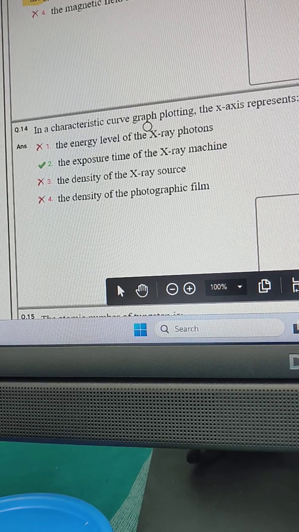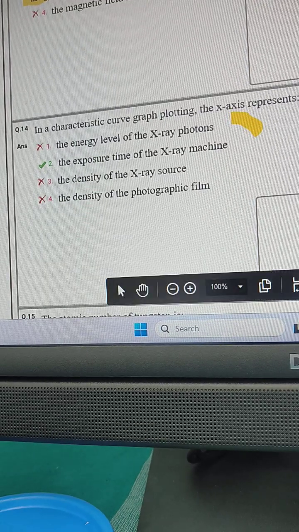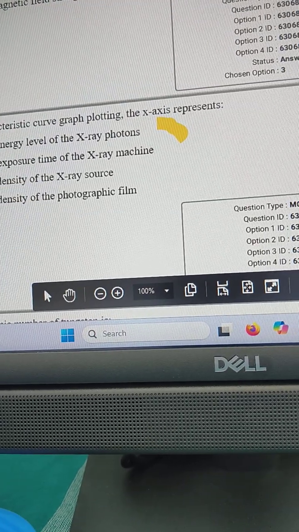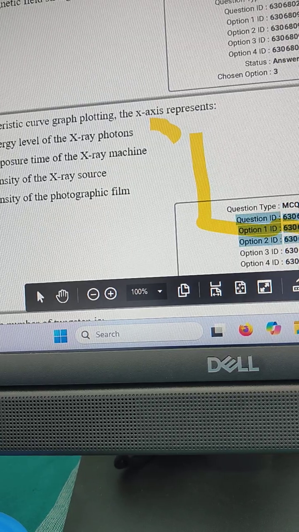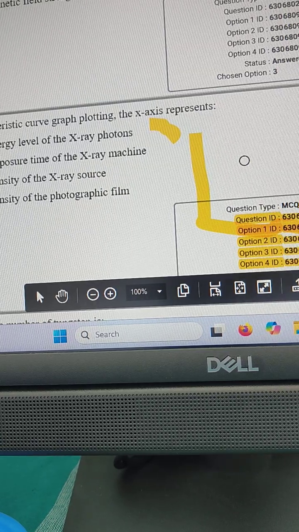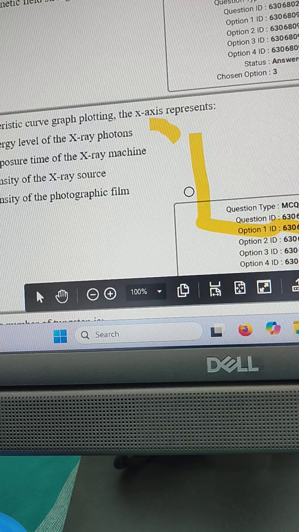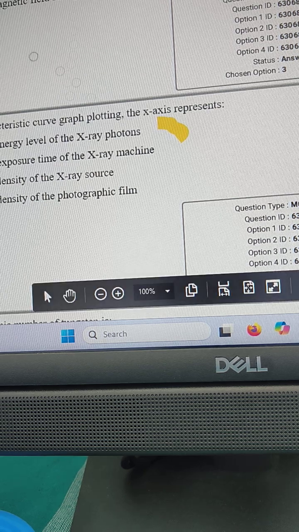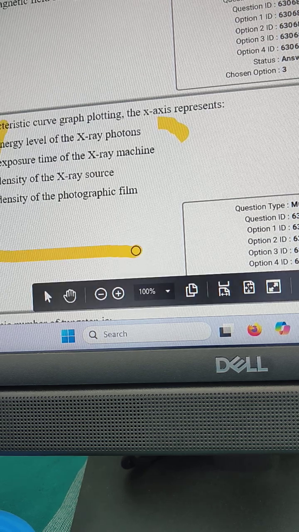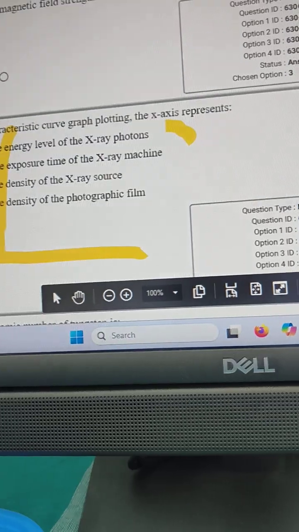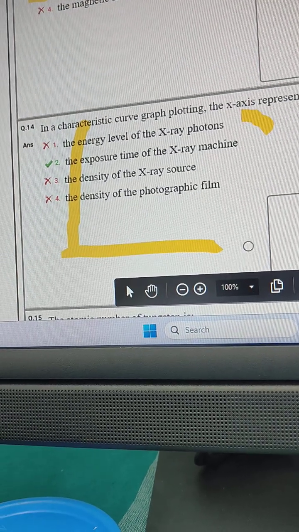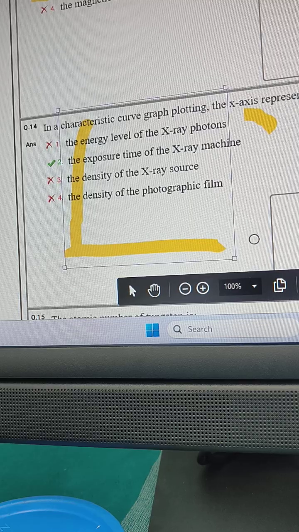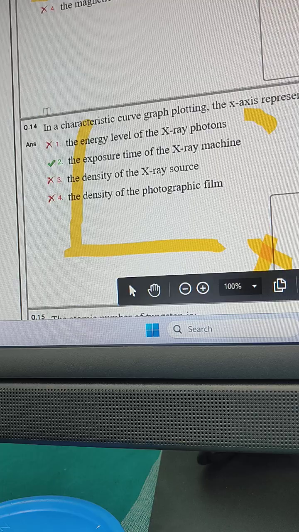in the characteristic curve graph, what does the point on the X-axis represent? I will draw the graph and show you. Suppose this is the graph, this is the x-axis, this is the y-axis.